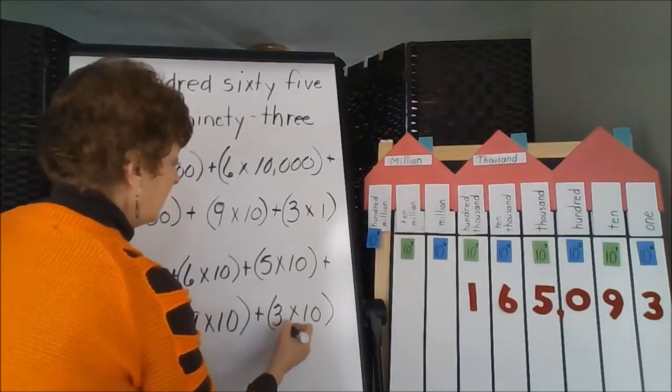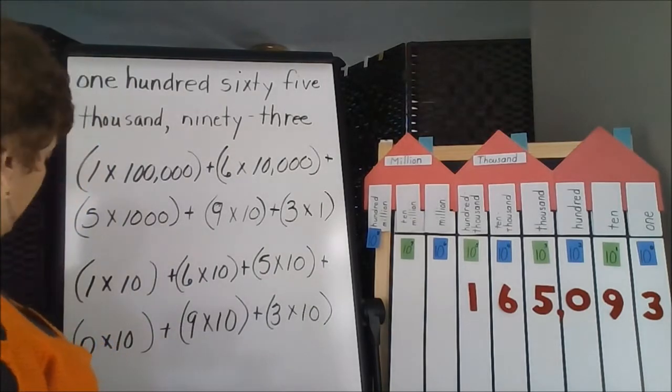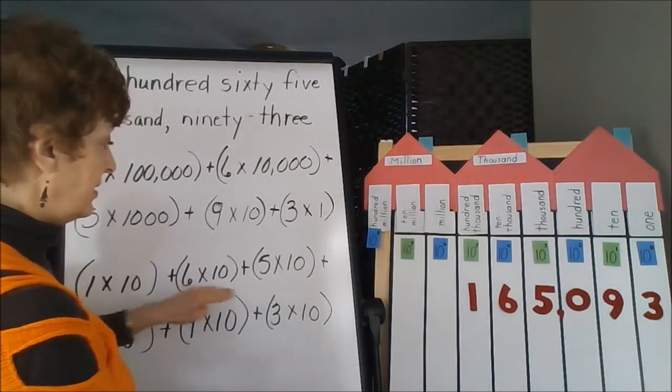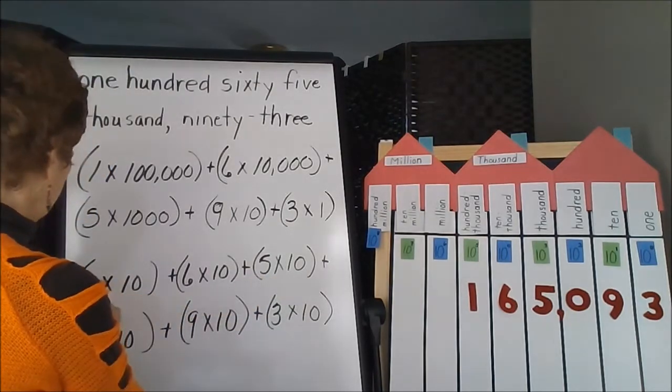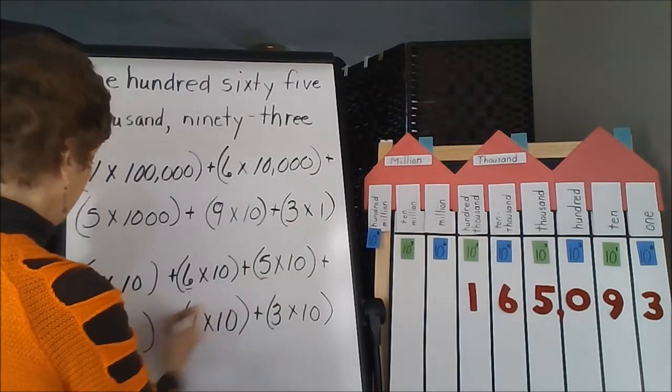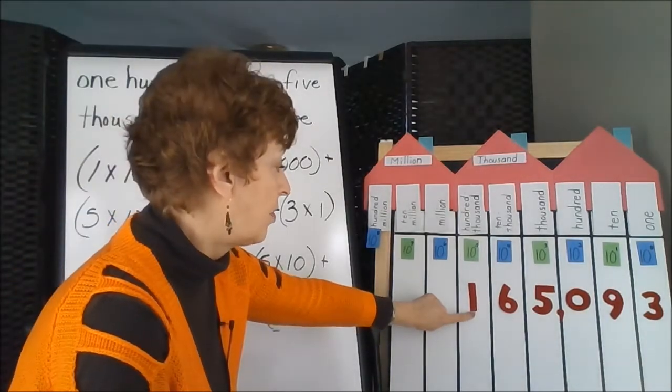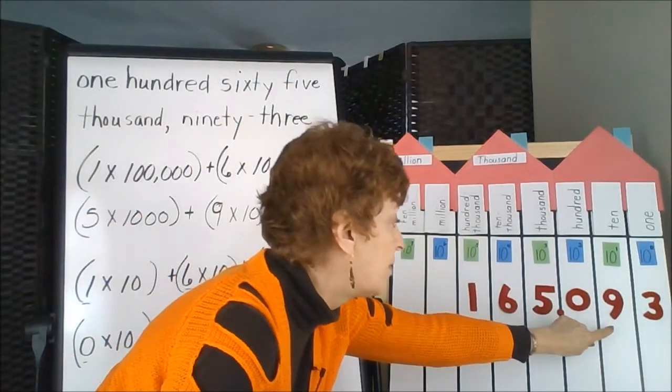So when you're doing the scientific notation, all of these numbers right here are actually the numbers that we see here: 1, 6, 5, 0, 9, 3.